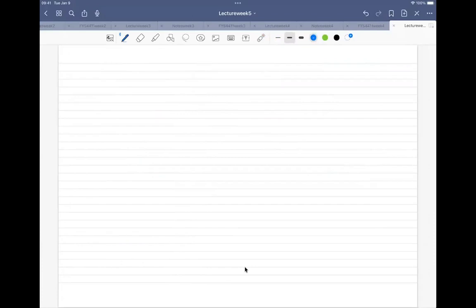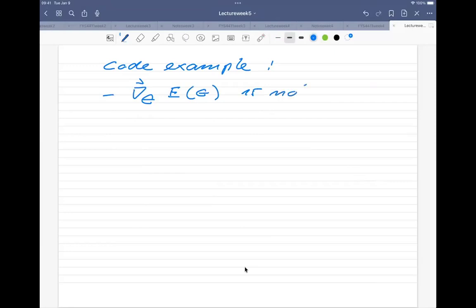So the gradient in this example, and this applies to the qubit case as well, the gradient of the energy as a function of the angle theta is calculated numerically by numerical derivatives, which is not calculated in the most efficient way.